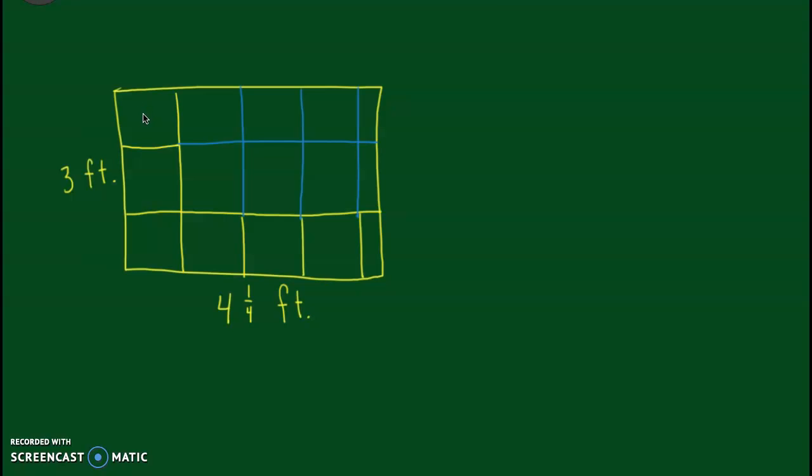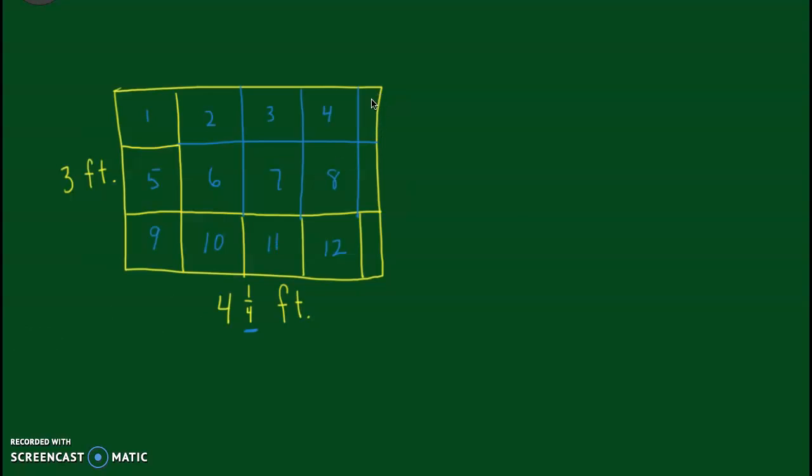So with that, the area is how many squares fill up a certain space. So we've got 1, 2, 3, 4, 5, 6, 7, 8, 9, 10, 11, 12. So there's 12 full squares, and now we have these sections over here. And as we can see, this smaller section right here are fourths.